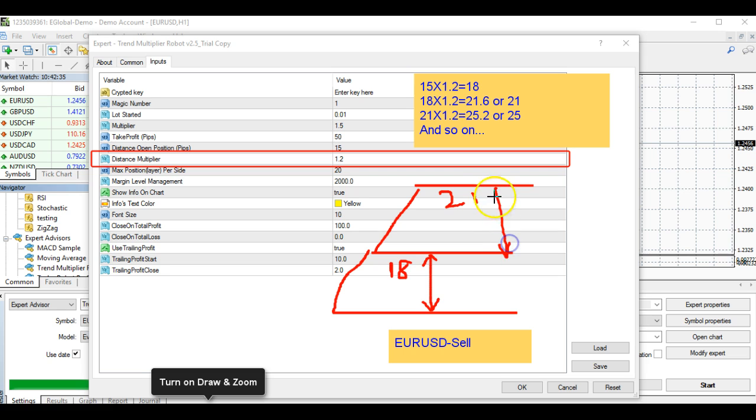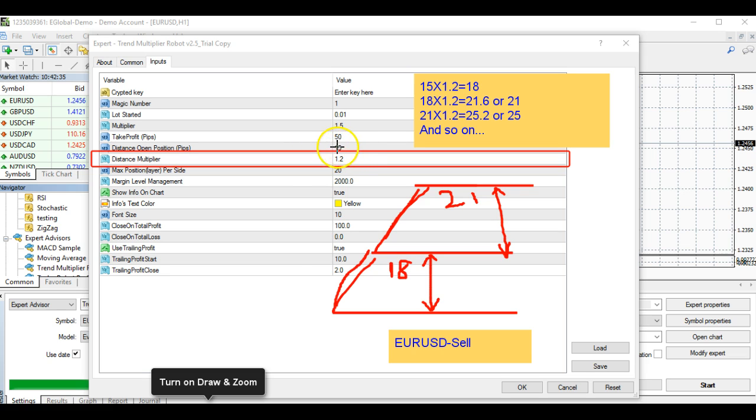So this is your 21, and if it goes up some more to 25, that is your 20 pips. So that is how it works. All right. Compared to if you turn off this distance multiplier, it will always be 15, this one 15, this one 15, and 15. Every time it is 15. But since you already input the distance multiplier to 1.2 or 1.3, it's up to you. Or 1.4, it depends on you.